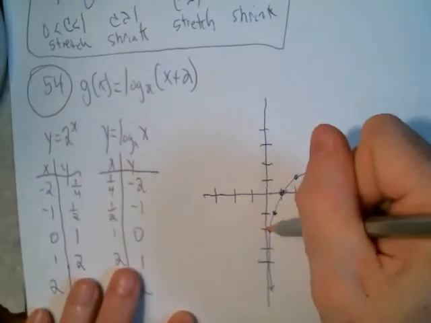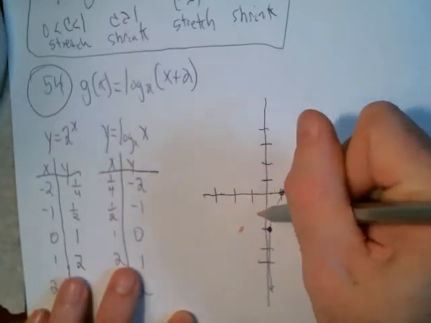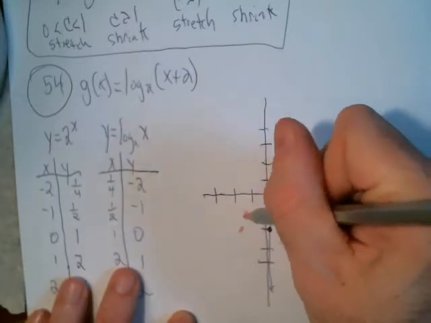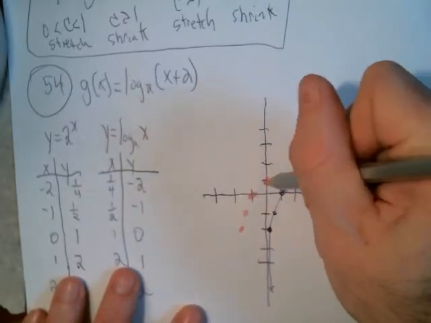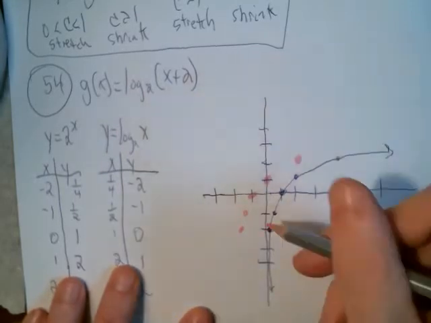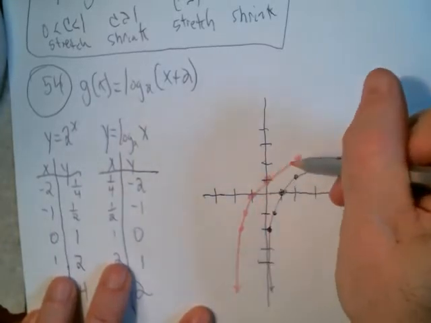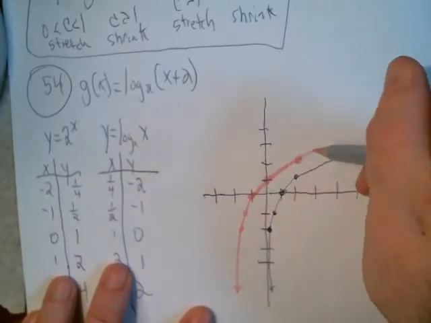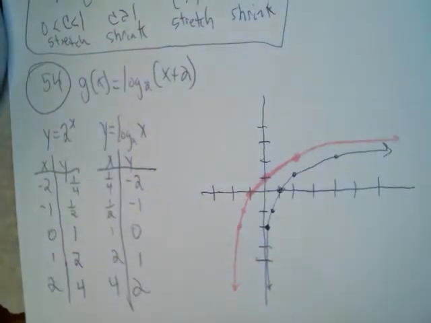Okay, so over 2 for each point. Try to make it as smooth as possible. That's going over in that direction.